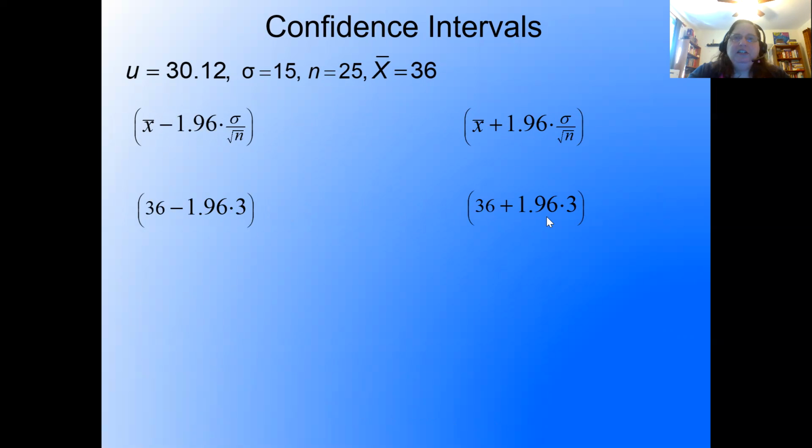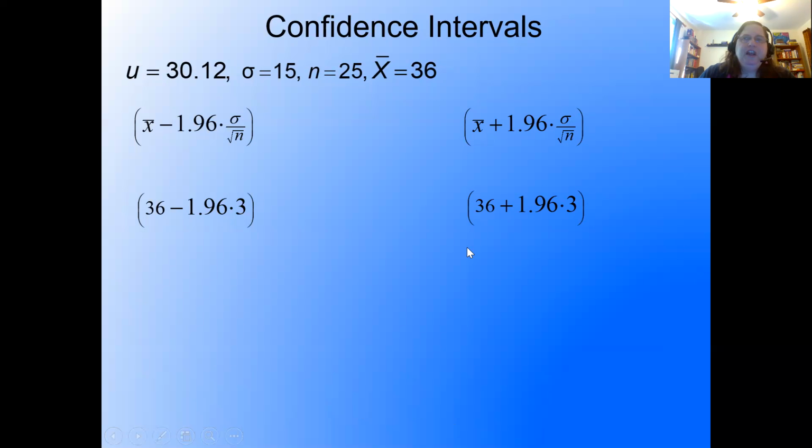So then for our next step, we have 36, which is our x bar. Notice how the 36 we've just plopped in here, minus the 1.96 times the 3, and 36 plus 1.96 times the 3. Again, just to review this one more time, square root of n, square root of 25 is 5. Take 15 over 5, and that's how you got the 3. And it's the same on both sides.